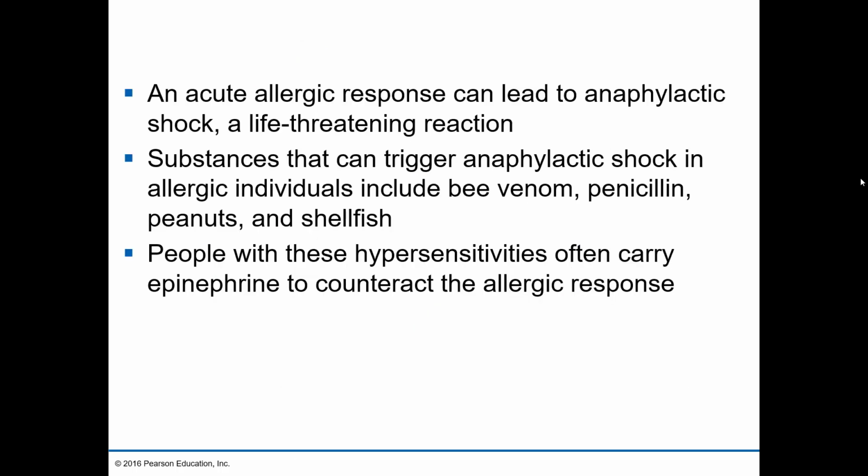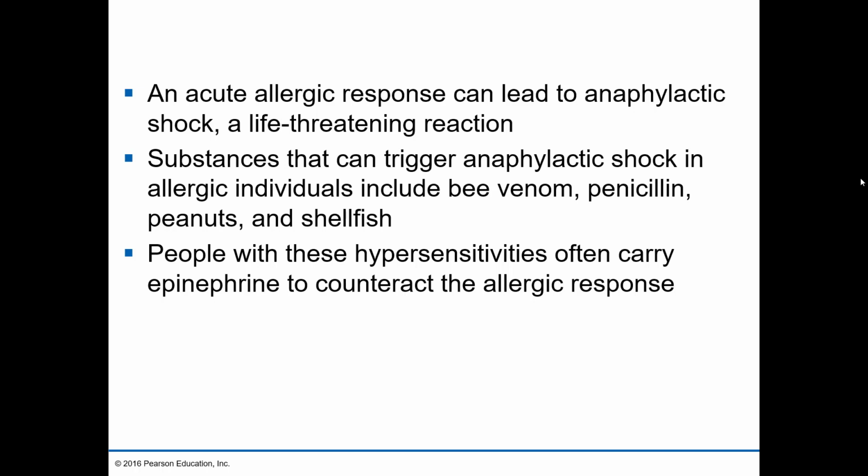An acute allergic reaction can lead to anaphylactic shock, a life-threatening reaction. Acute would be the opposite of chronic, meaning it's very fast, very quick, and intensive amounts of histamines are being released, and can cause shortness of breath.